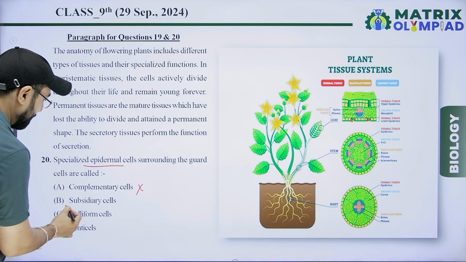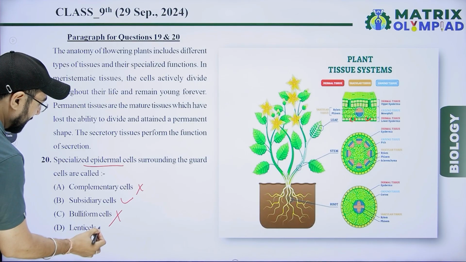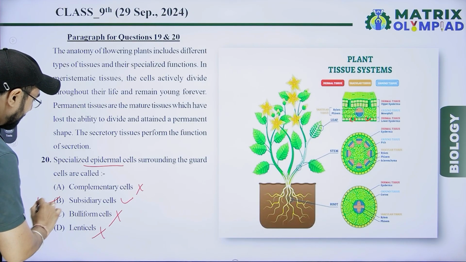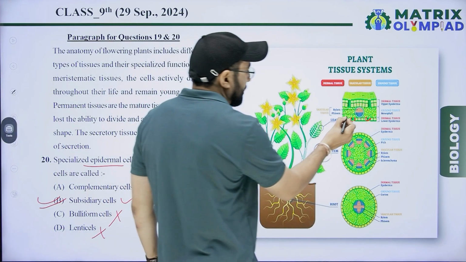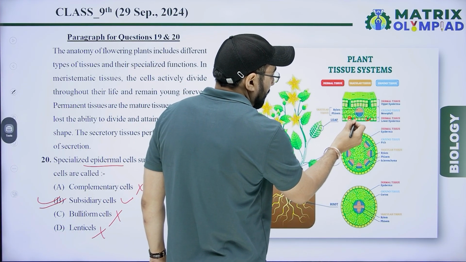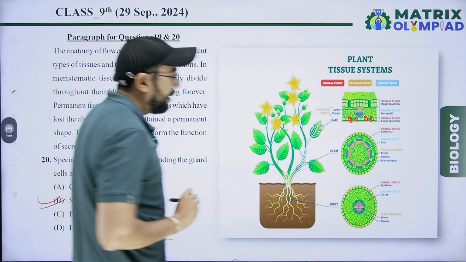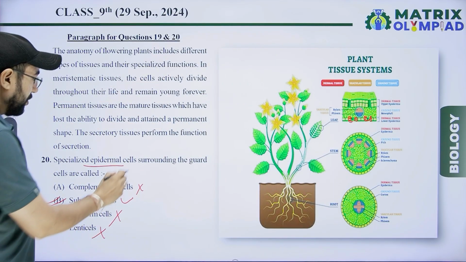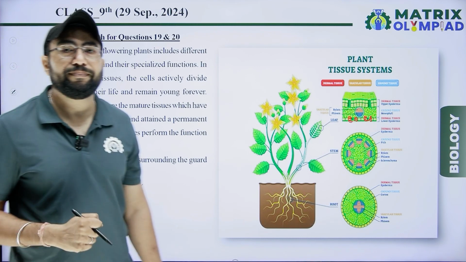No. Subsidiary cell? Yes. Bulliform cell? No. Lenticel? No. So our right answer according to the question is subsidiary cell, which is present beside the guard cell. So the right answer is option B for this question.